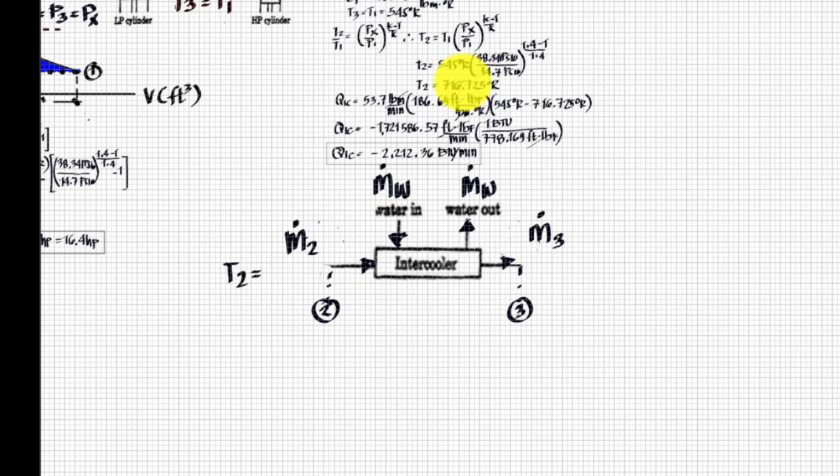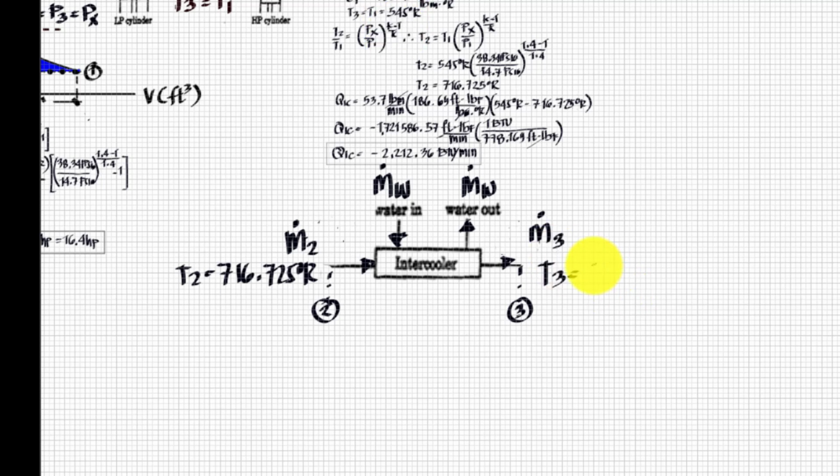So let me write this one, temperature T2. That is from the previous, we have calculated that is 716.725 degree Rankine. And for my T3, usually this will be going back to its original temperature.